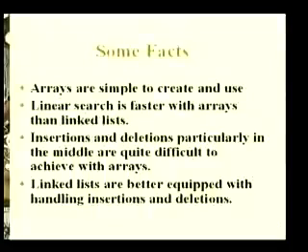Now the second fact is that linear search is faster with arrays than linked lists. The reason, as I have already mentioned earlier, is that the elements of an array are stored sequentially to the extent possible.